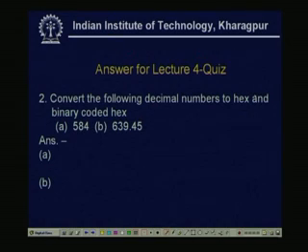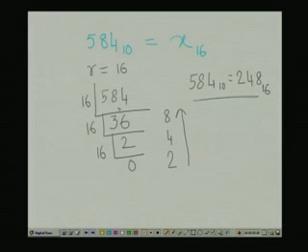Now, another part is there, the binary coded hex. If I want the binary coded hex, what we have to do is take again 584 in decimal and convert it to binary.